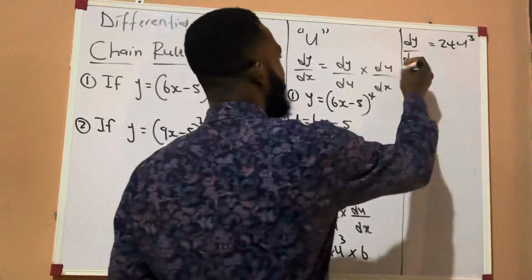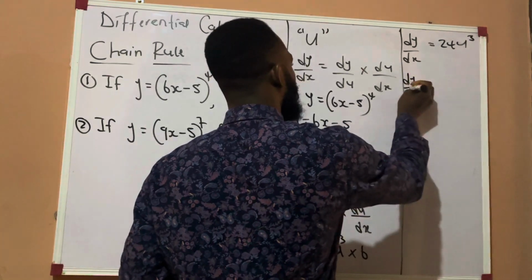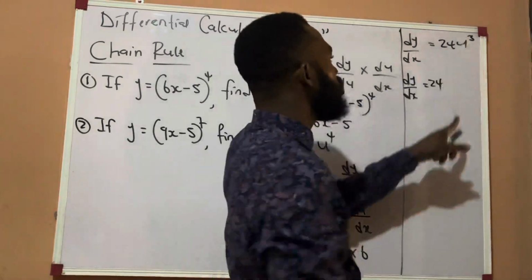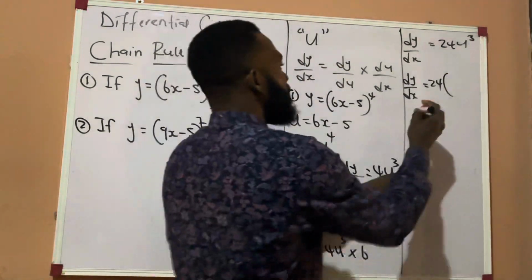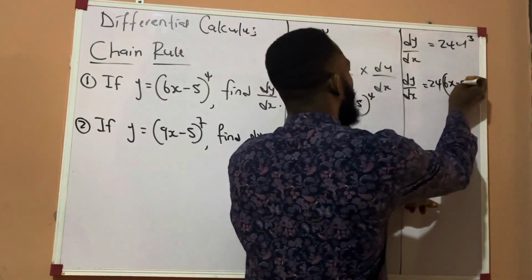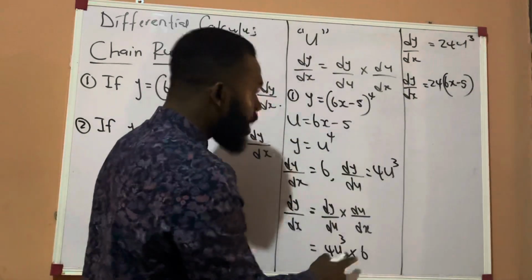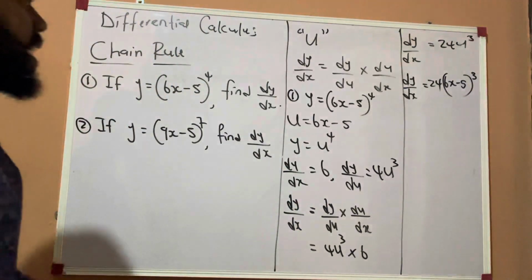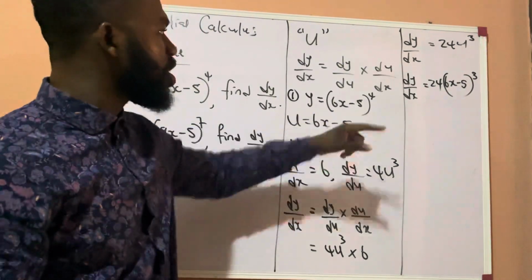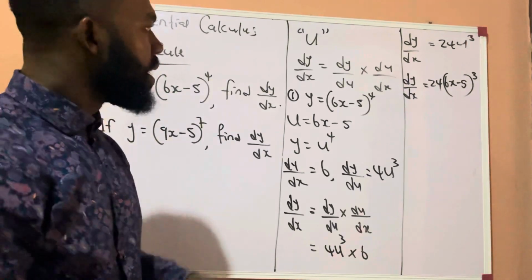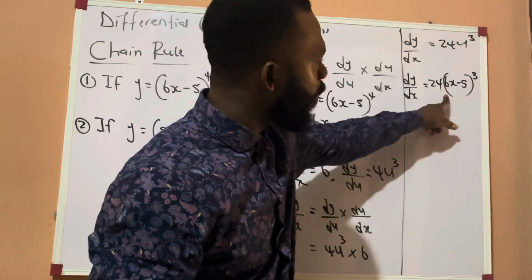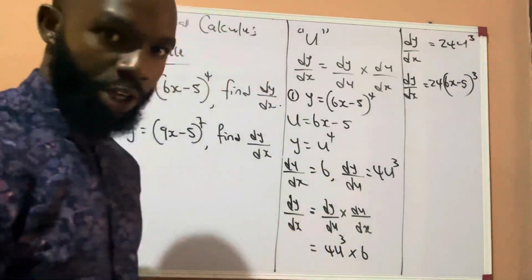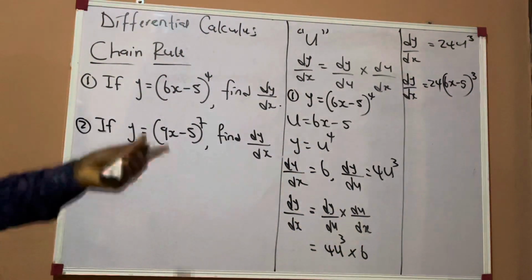Now, automatically, dy over dx becomes 24 times 6x minus 5 raised to the power of 3. So if we find the derivative of y equal to 6x minus 5 raised to the power of 4, the answer we will get is 24 into the bracket of 6x minus 5 raised to the power of 3. Okay, this is question number 1.